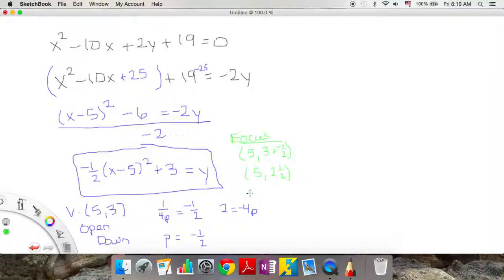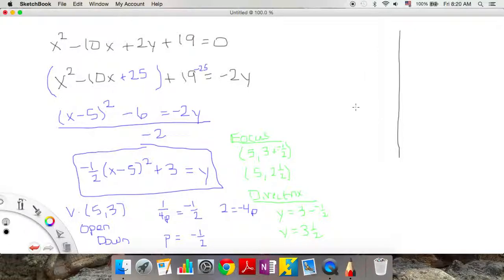And then our directrix is, remember that's the line, so it's y equals k minus p. So that gives us y equals 3.5. So now we can graph everything.